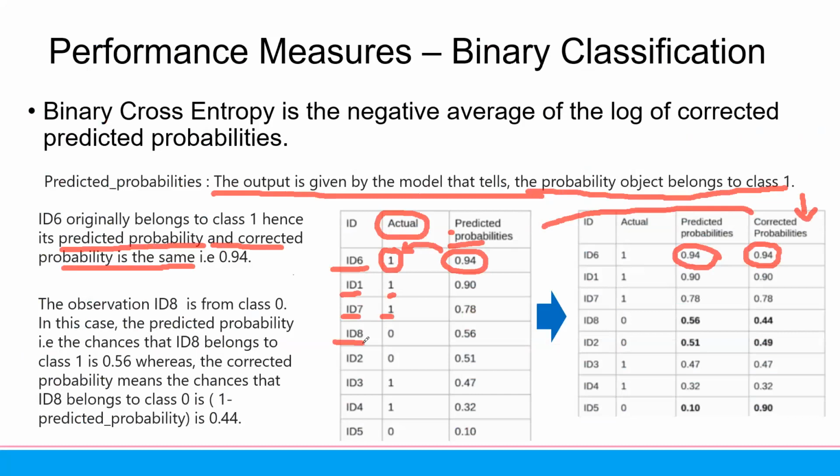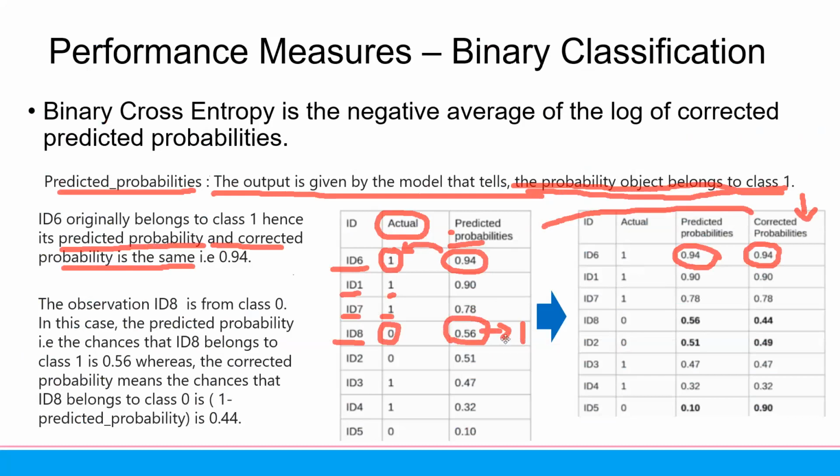But what about ID8? For ID8, the actual is 0. What is the predicted probability? The predicted probability is the output, the probability the object belongs to class 1. So 0.56 is the predicted probability that it belongs to class 1.